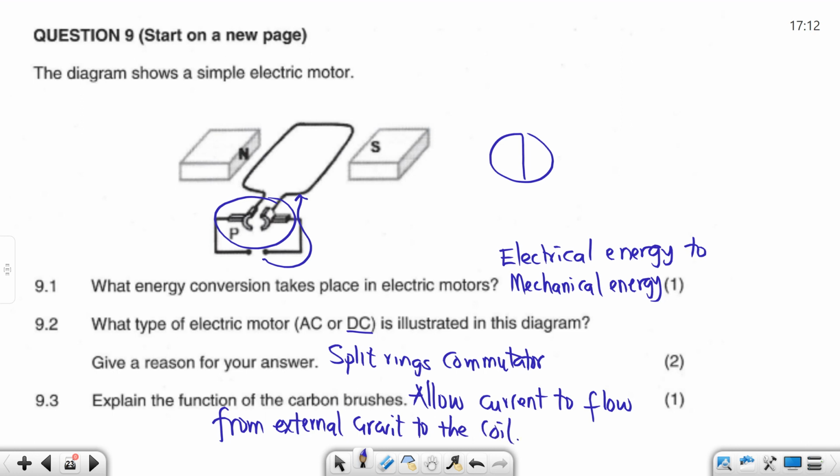Everyone, we need to get full marks here. So a generator would convert what? Mechanical to electrical. The north and the south is just your field. Here we are using power, so power must flow from the external circuit into the coil. If it was a generator, we'd be moving electricity from the coil to the external circuit.